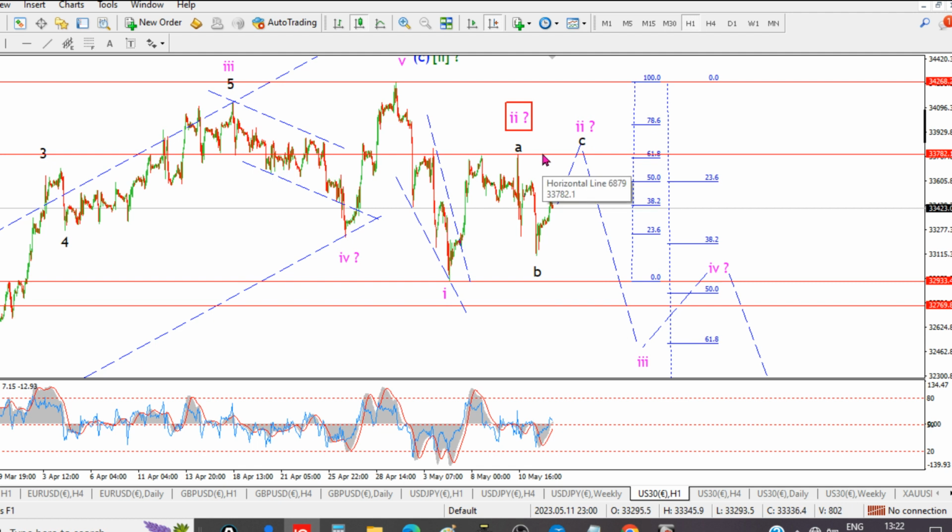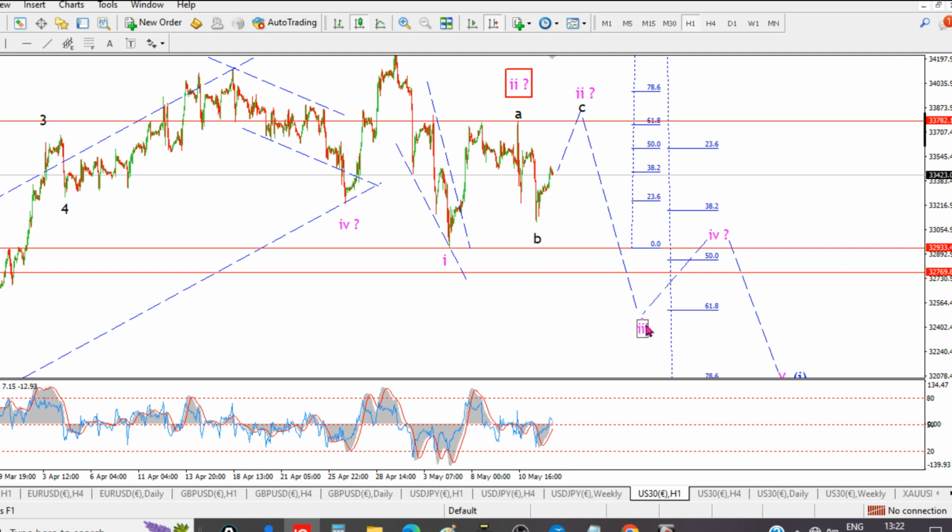I still think we're working towards that ultimate goal. But next week, I would look for a turn down in wave 3 either way to break below 32,000. And I think that would be a pretty solid, convincing move for the market: that wave 1 of 3 is underway. So the turn down is coming. Looks like I have to wait another couple of days.